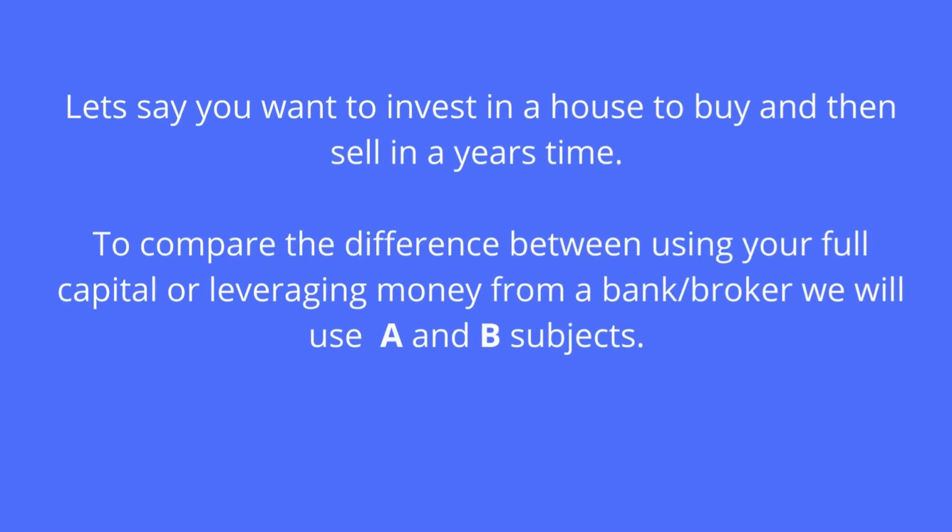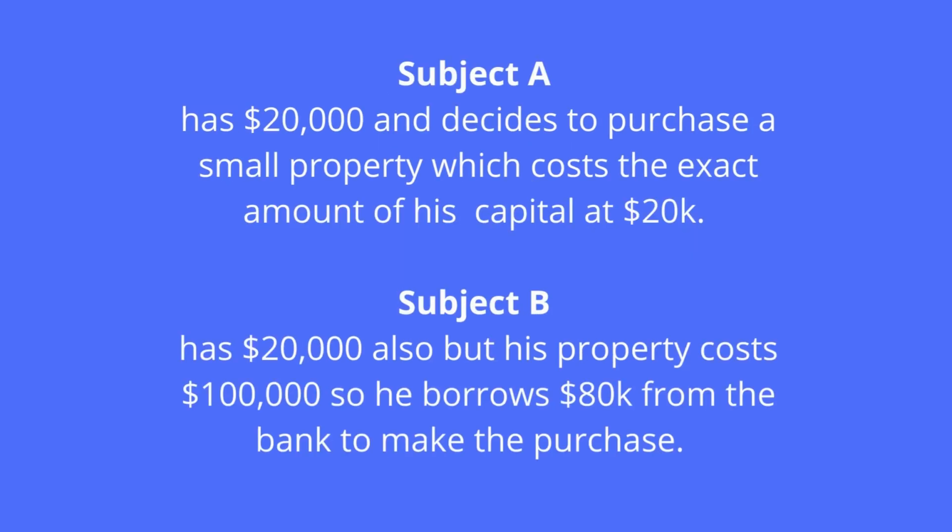So let's say you want to invest in a house to buy and then sell in a year's time. To compare the difference between using your full capital, which is all the money you own, or leveraging money from a bank, we're going to use subjects A and B. Subject A has $20,000 and decides to purchase a small property which costs the exact amount of his capital, $20,000.